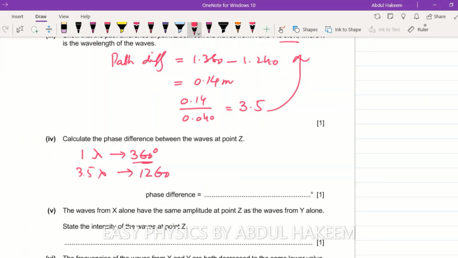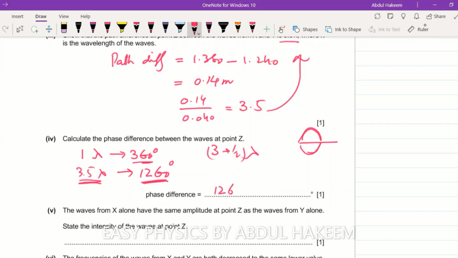We can quote it either as 1260 degrees, but due to this half lambda, 3 plus 1 by 2 lambda, the phase difference is 180 degrees because the crest of one wave is overlapping the trough of the other. So either write 1260 or write 180 degrees.